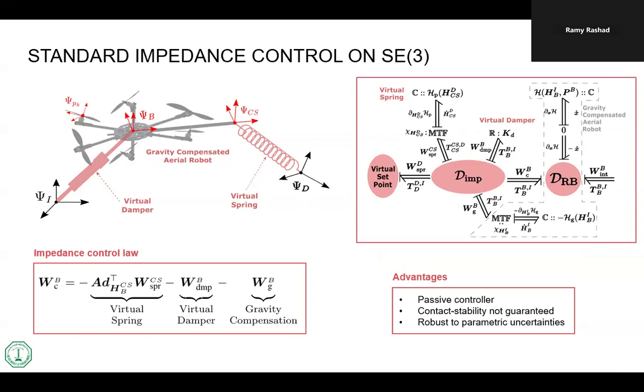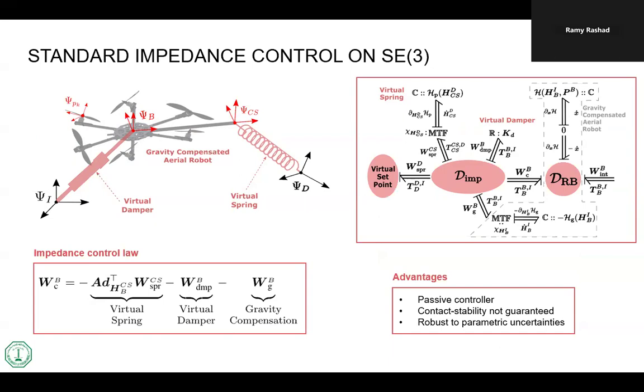But in the end, the virtual spring looks something like this. Forget about the details. It's just a wrench due to spring, wrench due to damping, and I cancel exactly the gravity that I had. So in the end, what you see there, everything in this side here, is a Port-Hamiltonian system for the controller itself.